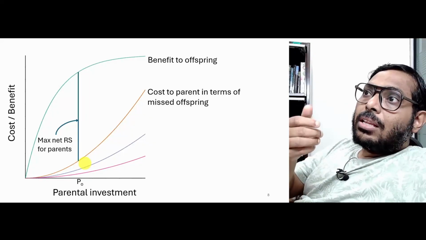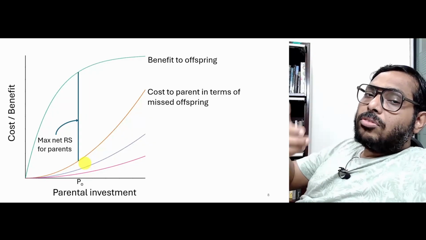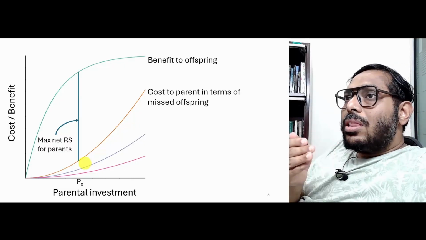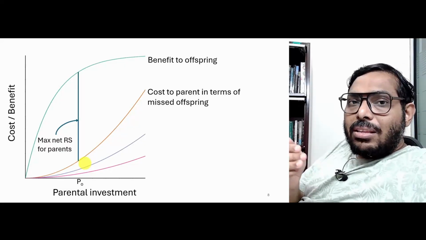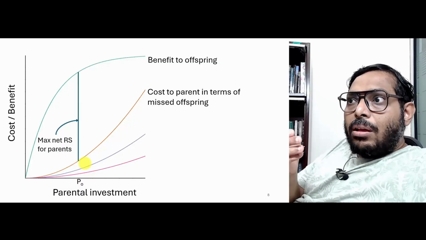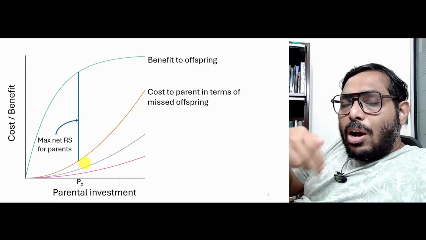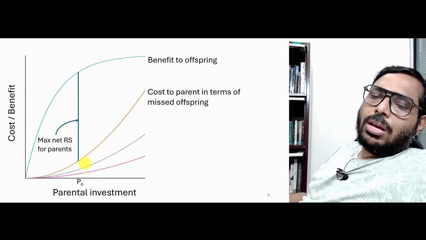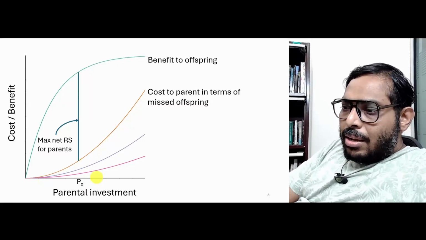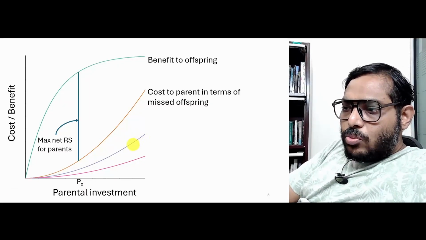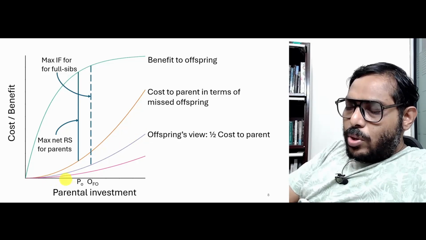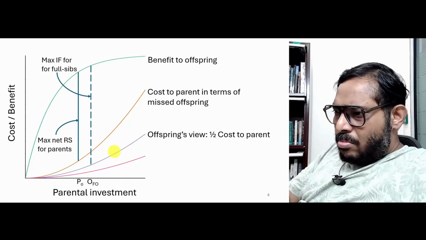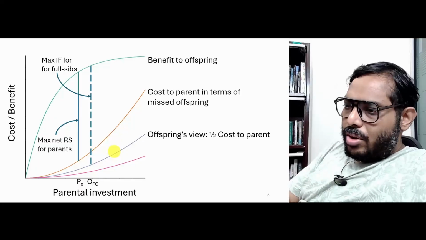As I said, the offspring is related to itself by 1, and is related to its full sib by half. Therefore, all the extra investment that the parent is making, the offspring discounts by 50% because of its 50% relatedness to its sibling, and that 50% reduction is what I am showing you in this particular graph, this violet or purple, whatever you call it.